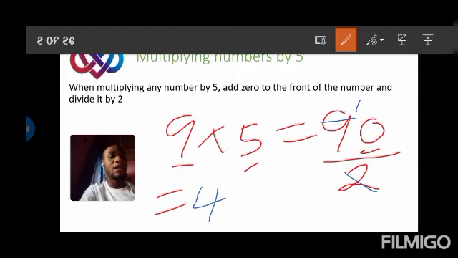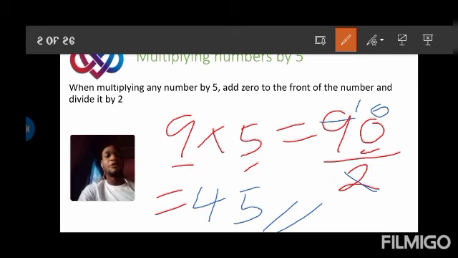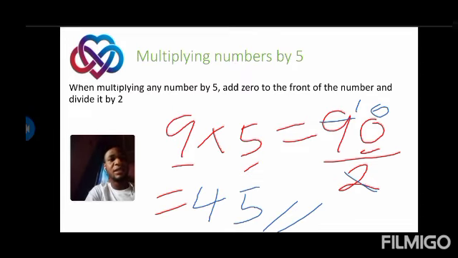We carry the 1 over to the next digit, which is 0, making it 10. How many times can 2 go in 10? It's 5. So the answer is simply 45. So 9 times 5 gives us 45. I can say 90, half of 90 is 45. I believe that is clear enough.